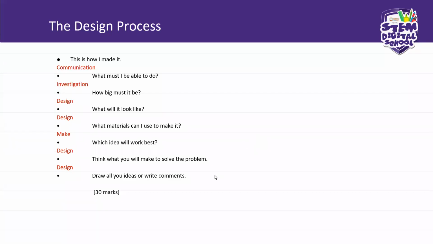Draw all your ideas or write comments. Which stage is that? Draw all your ideas.